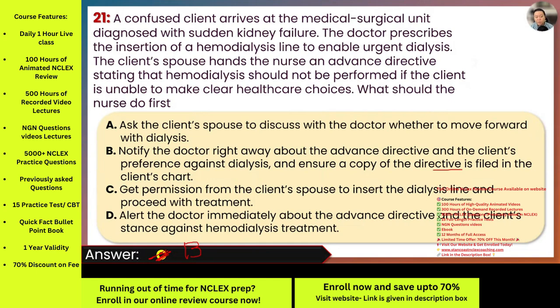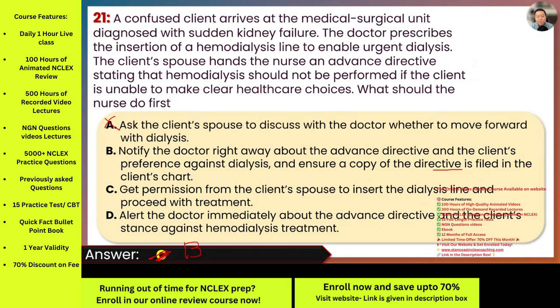So your role here as the nurse is to advocate, to make sure that medical care follows the client's legally documented wishes. Now, what about letter A? Why is this incorrect? Ask the client's spouse to discuss with the doctor whether to move forward with dialysis. Why is that?